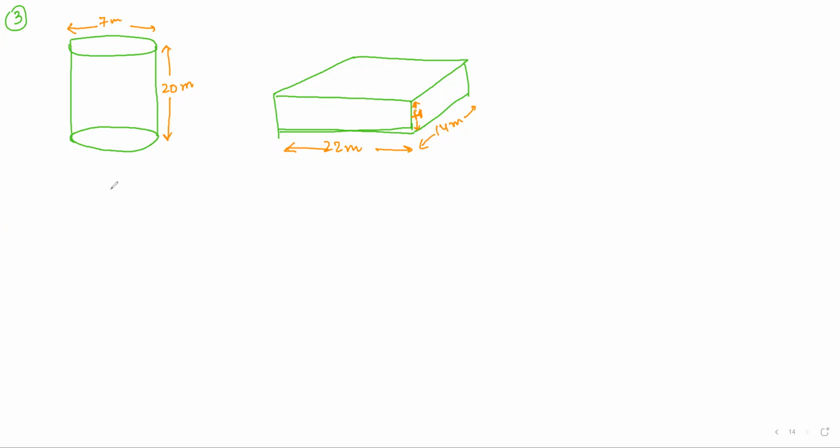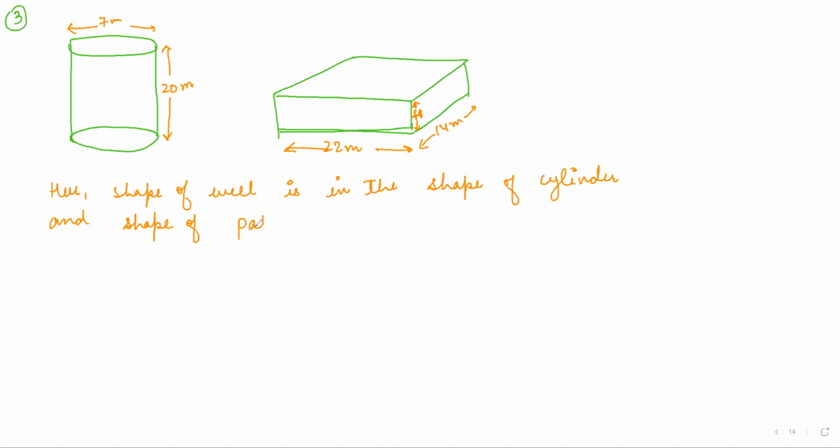So you can write one thing here: the shape of the well is in the shape of cylinder, right? And the shape of the platform is in the shape of cuboid.